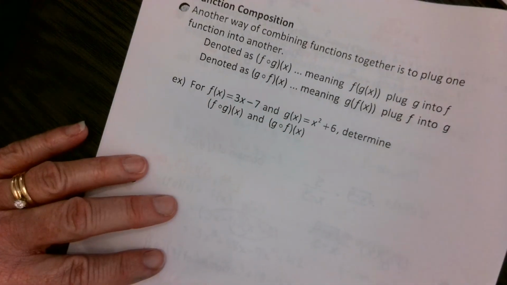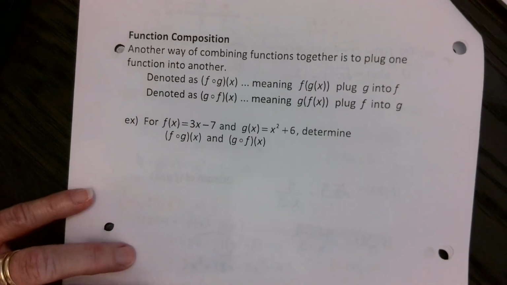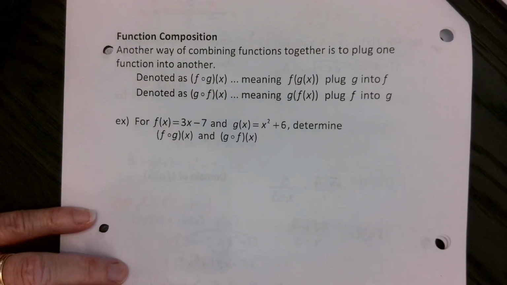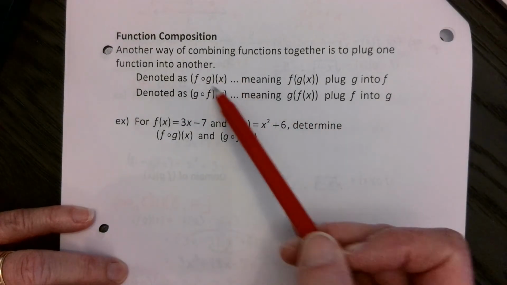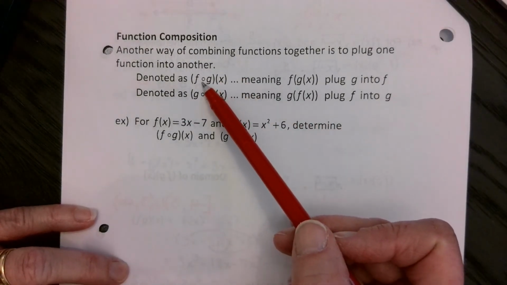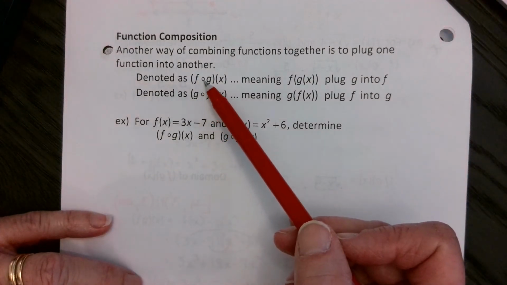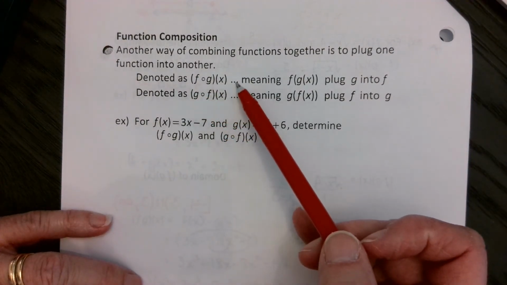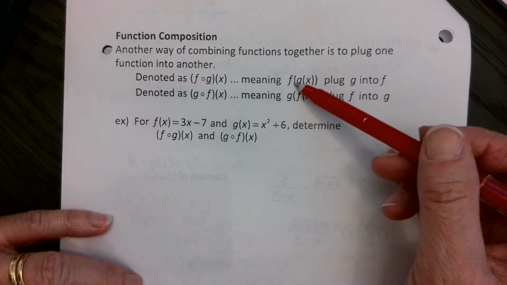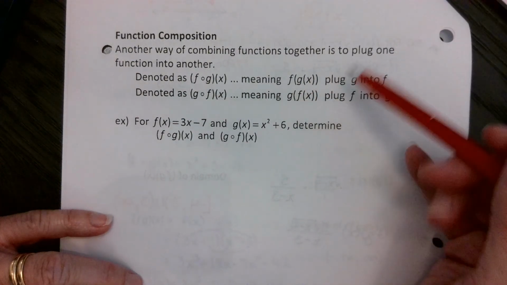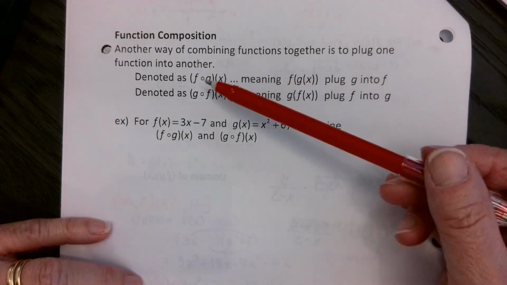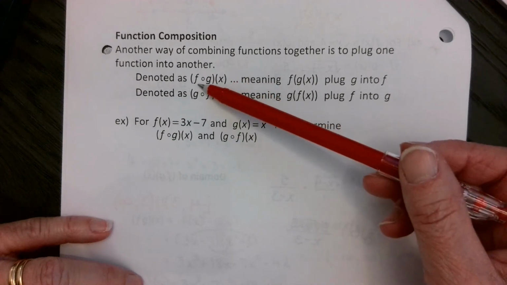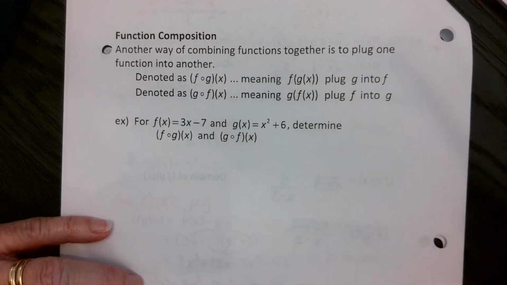Function composition. Another way of combining functions together is to plug one function into another, which is denoted this way. You can read this as f open circle g of x, meaning f of g of x. So you can read it two different ways: f of g of x or f open circle g of x.